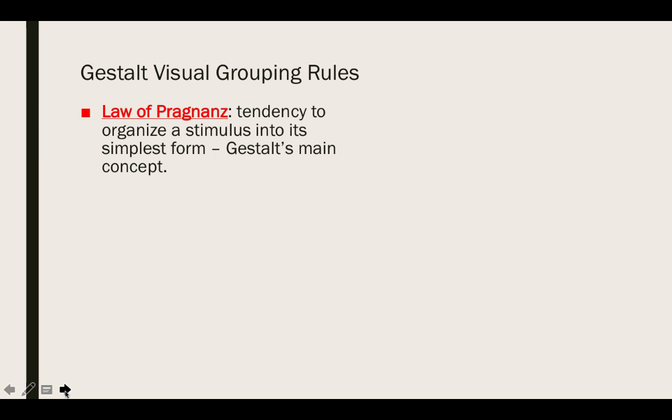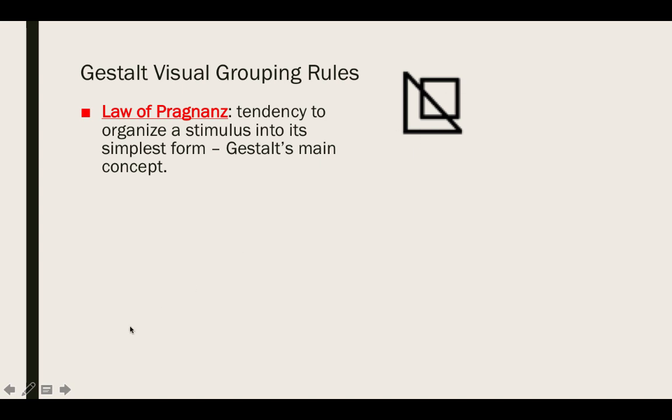The most important grouping rule is called the law of Pragnanz, and this basically refers to the tendency for the brain to organize information into its simplest form and not really super complex forms. For example, on the right, we probably are noticing a square and a triangle intersecting each other as opposed to many different lines, an incomplete square, a mini triangle inside a bigger triangle.